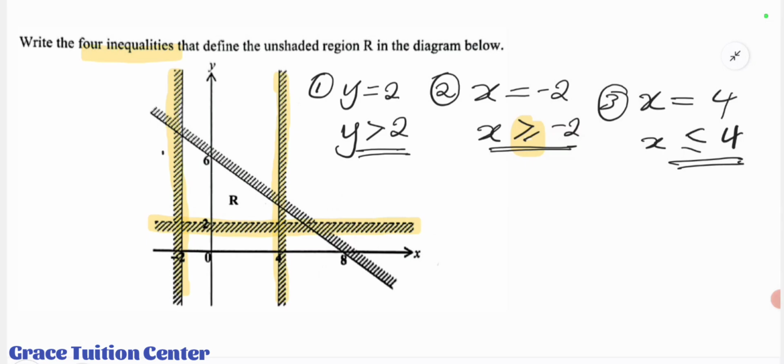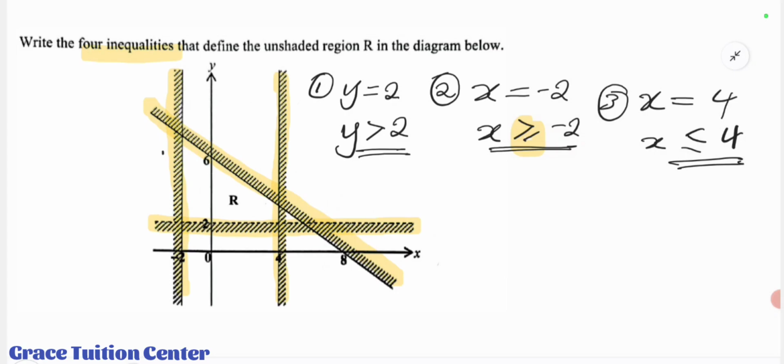Let's go ahead and find the final line. The final line in this question is this line here, which is slanting like that. Unlike the first 3 lines that we have done, each of which is parallel to the x-axis or the y-axis, this one is not parallel to any of the axes.